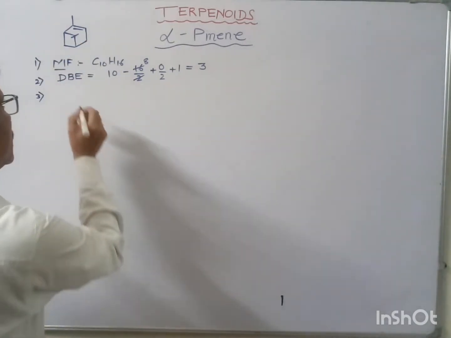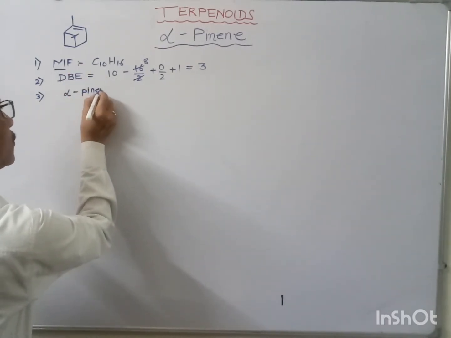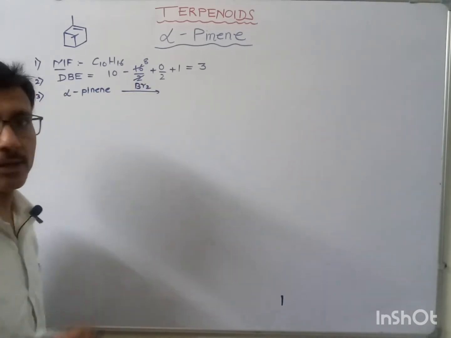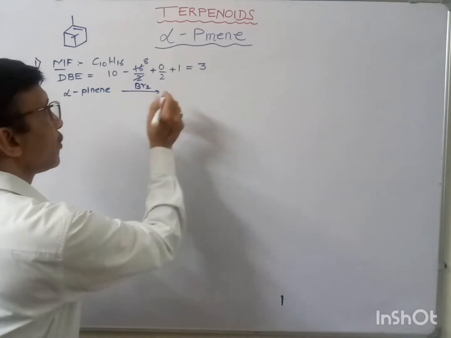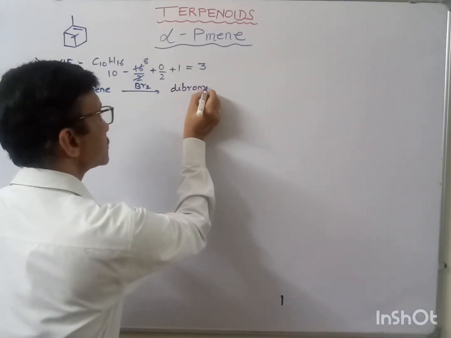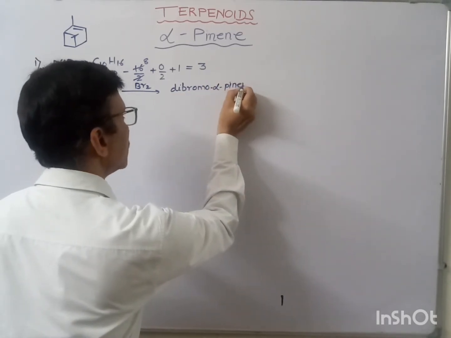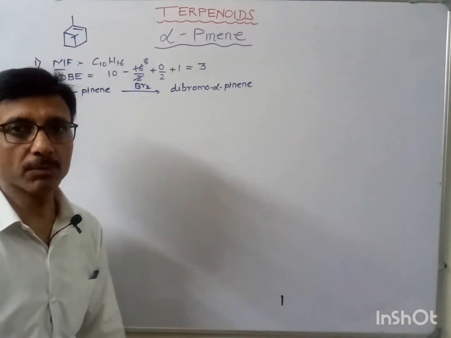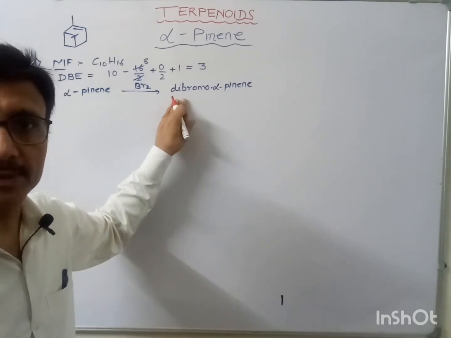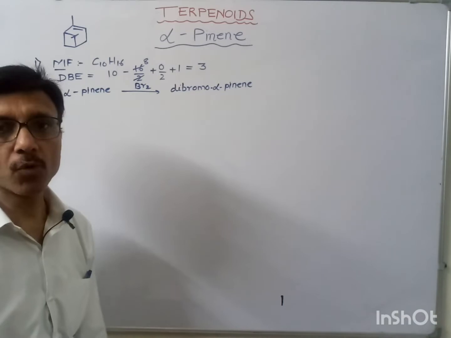It was proved when this α-Pinene was treated with bromine. When it was treated with bromine, it was found that it forms a dibromo α-Pinene. It means it has one double bond, along the double bond 2 bromine atoms are attached, and that's why it forms the dibromo α-Pinene.